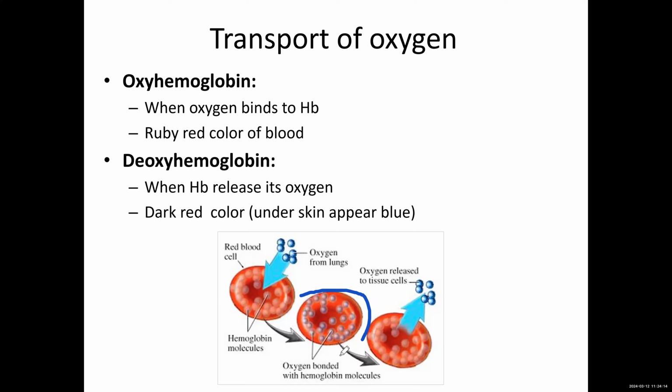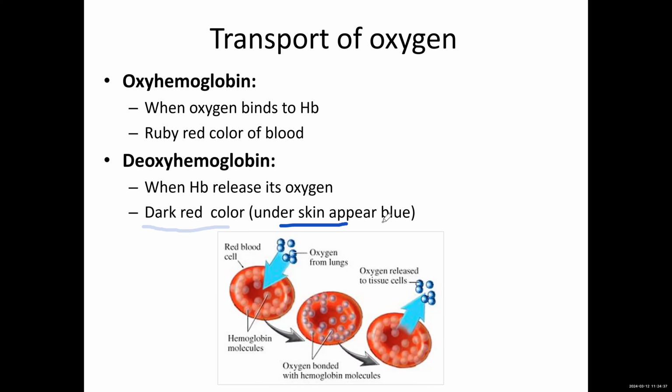Because this is how you carry it from lungs to your tissue. When your blood reaches your tissue, oxygen is released to those tissue cells. When hemoglobin releases oxygen, we call it deoxyhemoglobin, and this one is dark red.